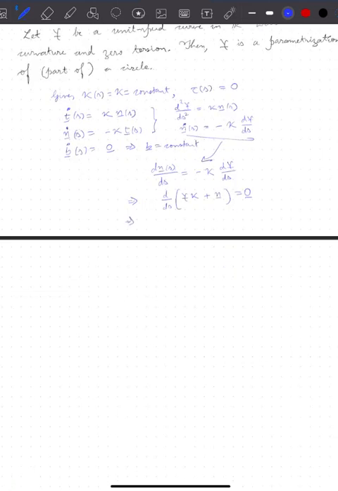So this implies that gamma vector kappa plus n vector is equal to some constant vector.